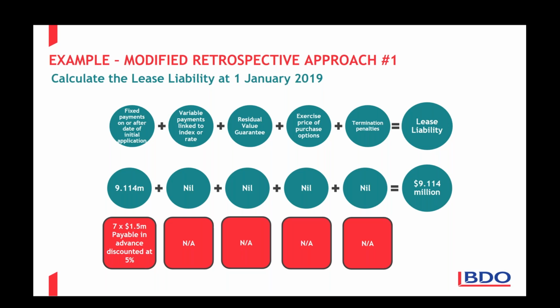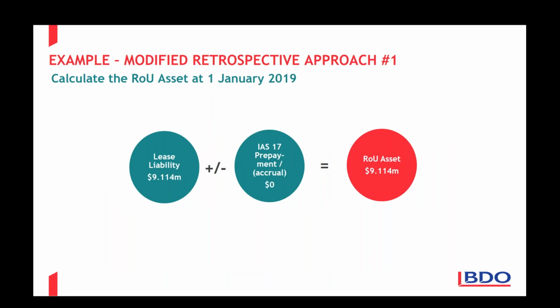There are no variable payments, residual values, etc. And you can see that my lease liability for the net present value of the remaining 7 payments is 9.114 million. So that's an easy calculation. It's just, what are the remaining lease payments? How do I calculate the right of use asset on 1 January 2019?